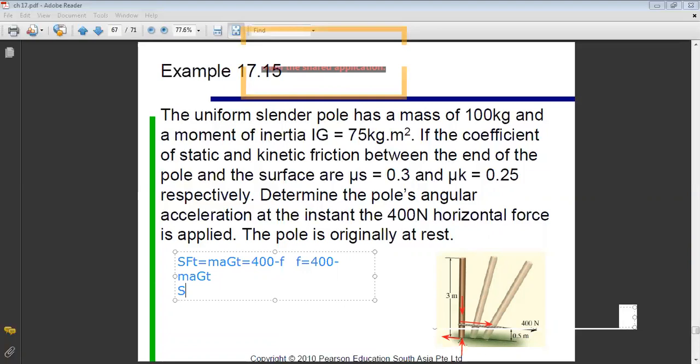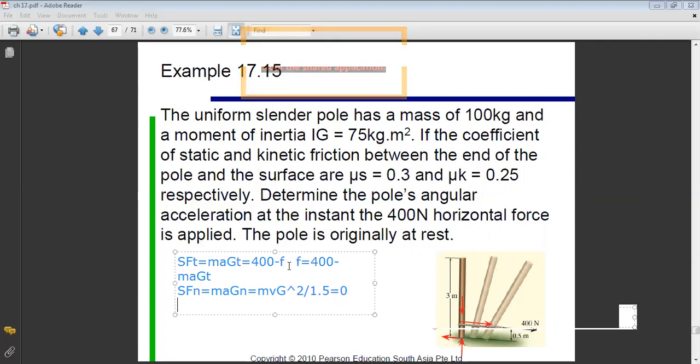And if I do the sum of normal forces, it is equal, in general, to m AG normal. But here, because it's starting from rest, it's m VG squared over radius, which is 1.5, but because it's starting from rest, it's equal to 0.